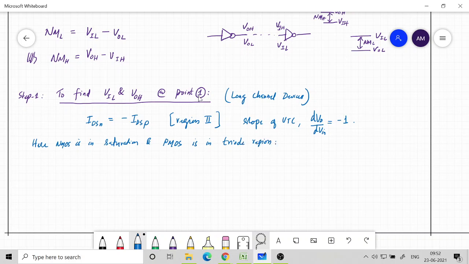Therefore IDSN is basically beta n by 2 times (Vn minus Vtn) the whole square.